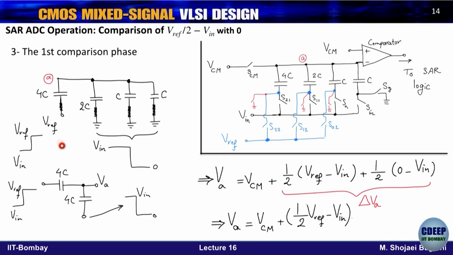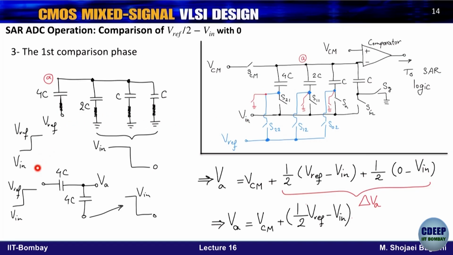That means you should have the capacitive division when 4C is connected to VREF and 4C is connected to ground, right? That is exactly the point. That means the first capacitor, which was like an MSB capacitor, will be connected to VREF through S22, shown over here. The rest of them are connected to ground through these ground-connected switches.